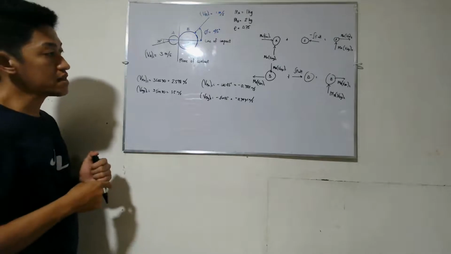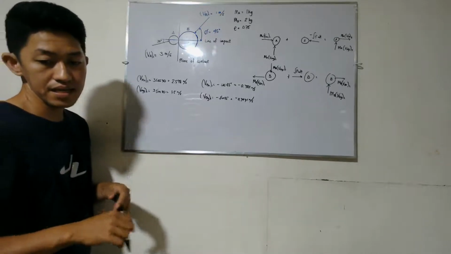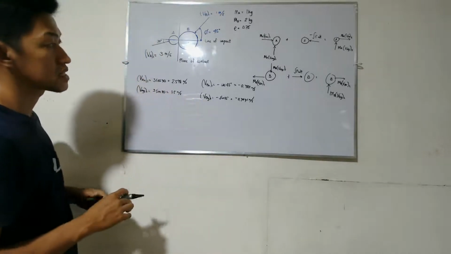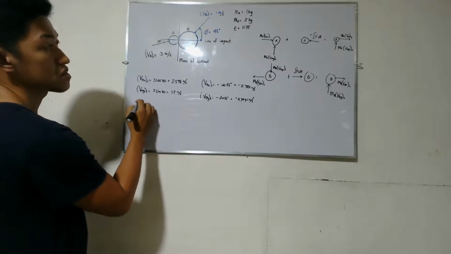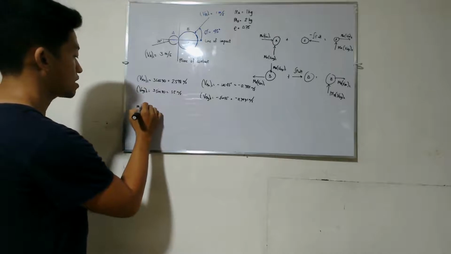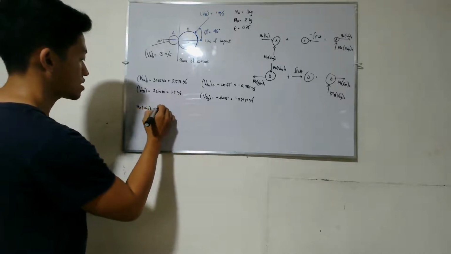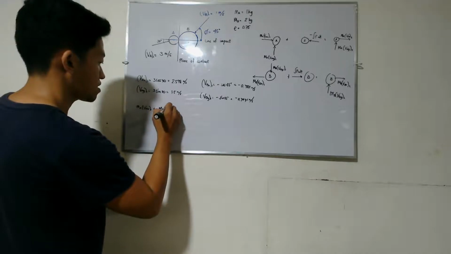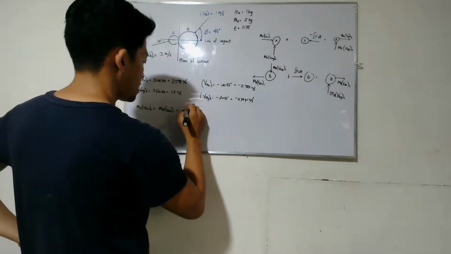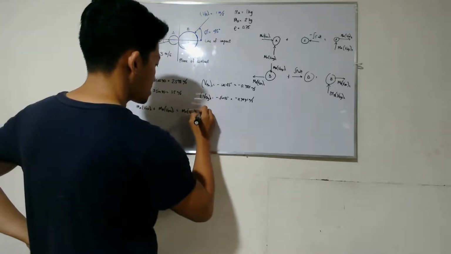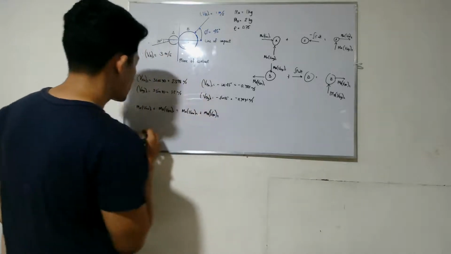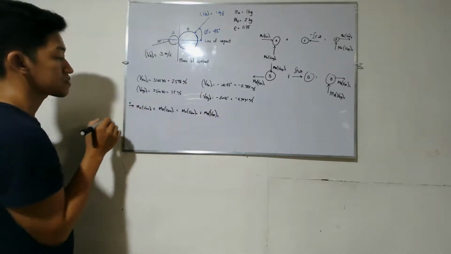Since we have resolved them, we'll now apply the conservation of momentum along x. So, conservation of momentum along x: MA VAX1 plus MB velocity VBX1 is equal to MA VAX2 plus MB velocity VBX2. Positive going to the right.